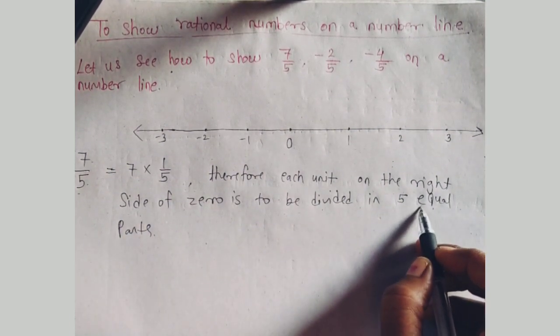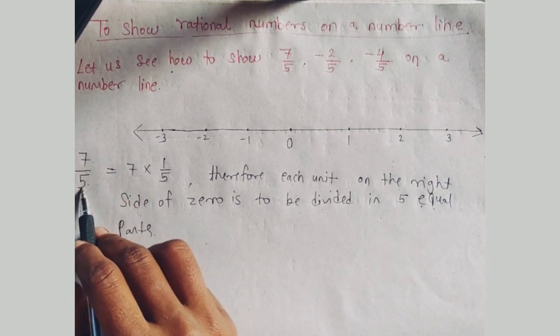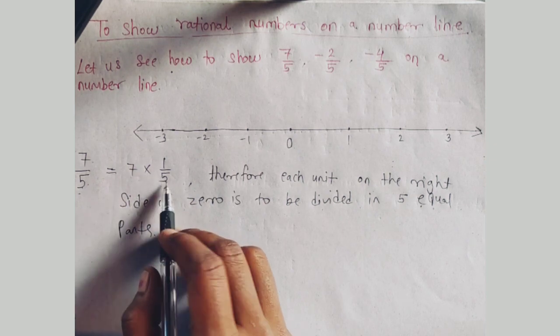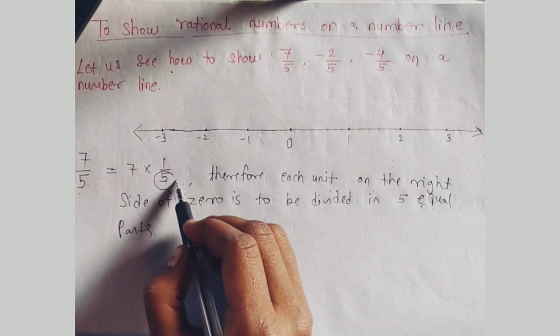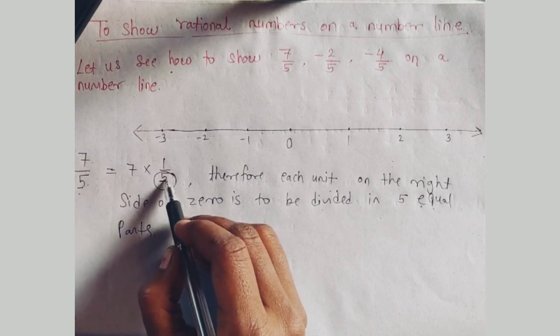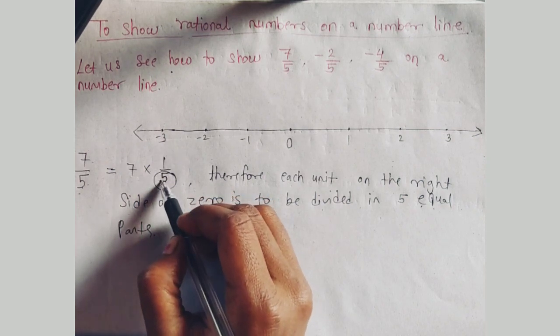Why 5 equal parts? When I expand 7 upon 5, we get 7 into 1 upon 5. In the denominator, the value is 5, meaning 1/5.